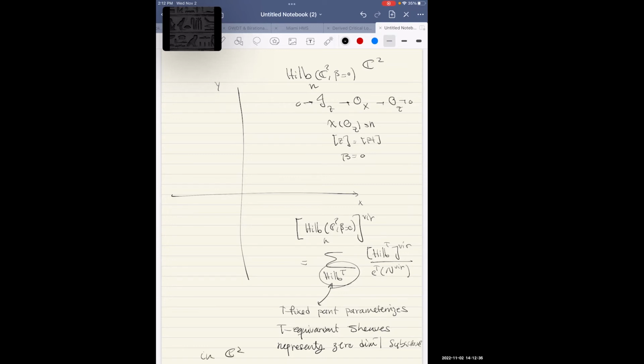Okay, so this is something that we just studied, right? The structure sheaf of these things looks like a finite box configuration. Do you agree? Yes. Good. So those T fixed parts are all finite boxes. These are exactly finite box configurations.